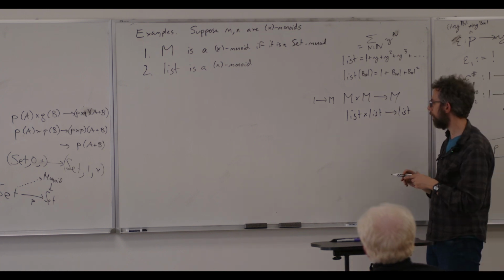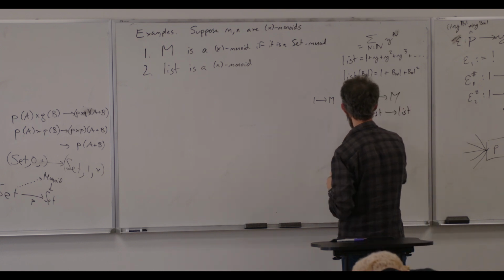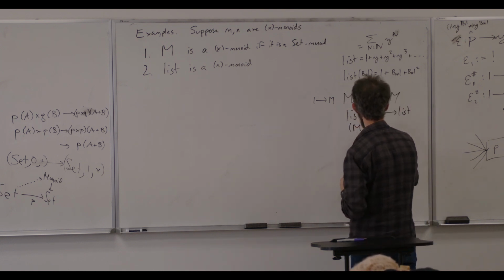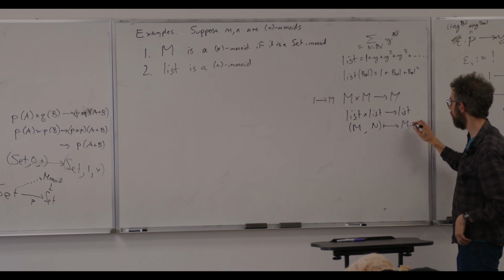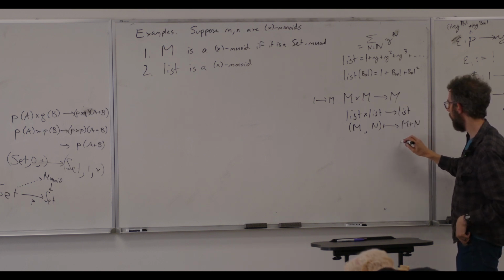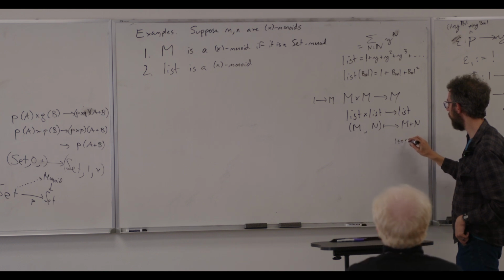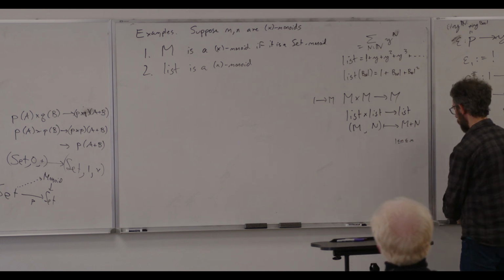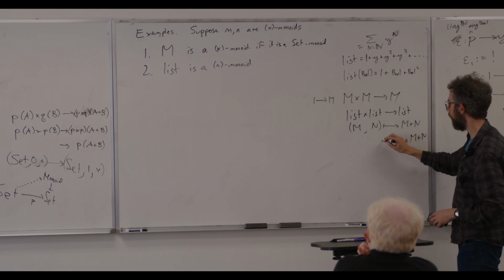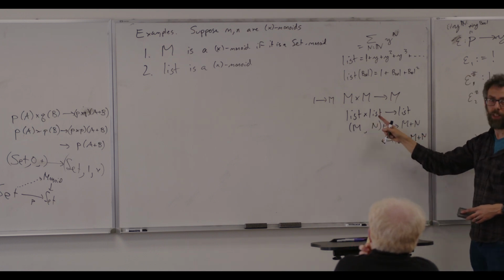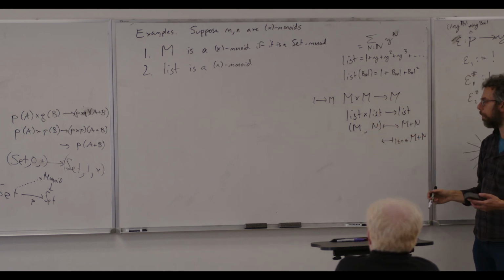Well, it's a sum. So okay, let's just write it then. So m comma n is going to be sent to m plus n, right? And then if somebody picks a number n between 1 and m plus n, we're supposed to give them back either a direction here or a direction here. Yeah, but how do you know which? Right.